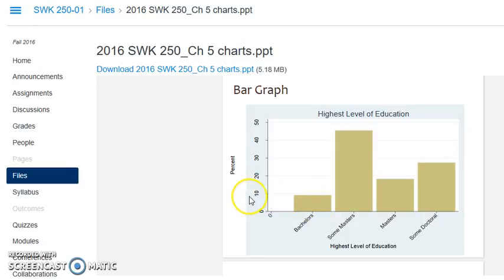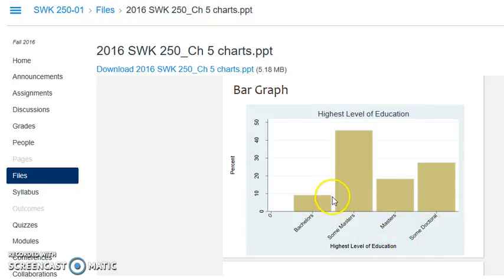Looking at the percentage, this is relative frequency, so you can even have just exactly what the number is here, or the absolute frequency. And then these are the different levels of the variable highest level of education that someone obtained. So bachelor's, some master's, and some doctoral.